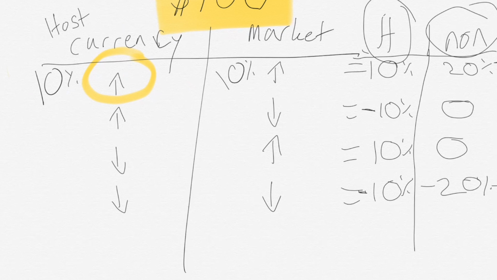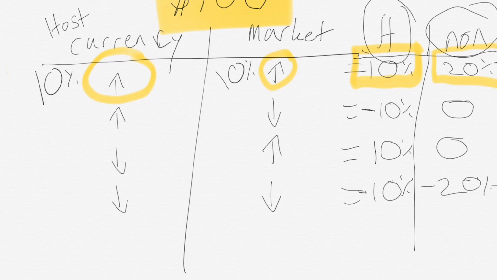If the currency goes up by 10% and the market goes up by 10%, you're going to see a benefit on the non-hedged side, while the hedged side is only going to be up 10%.